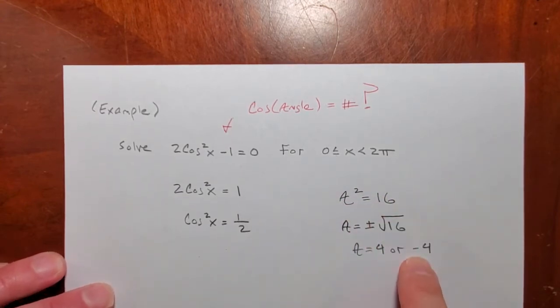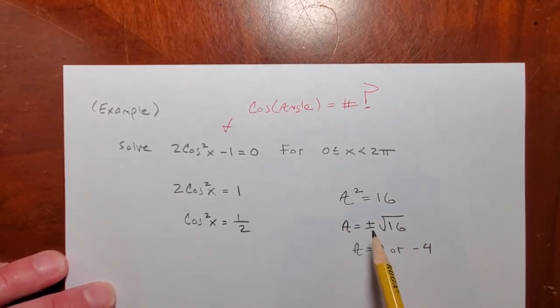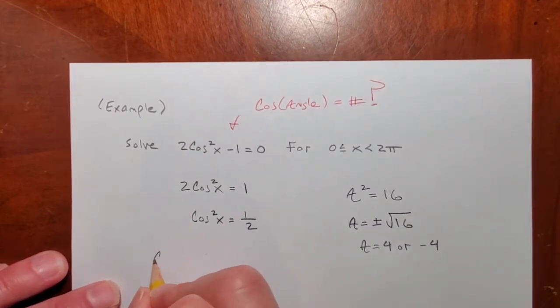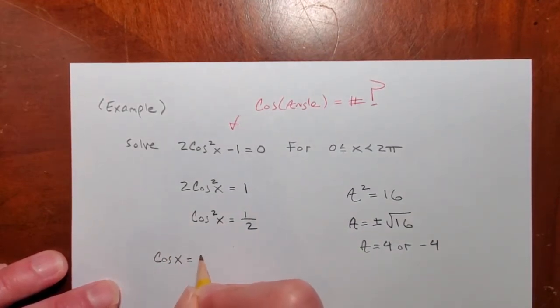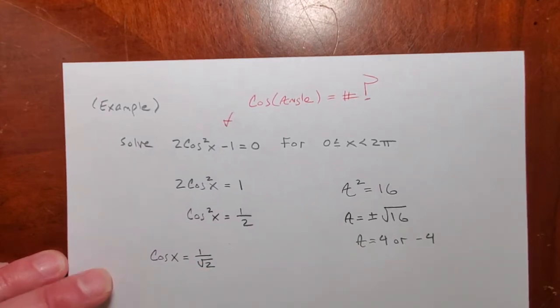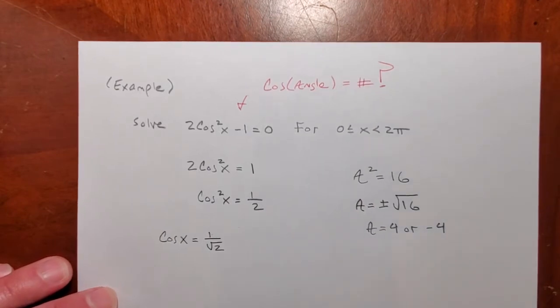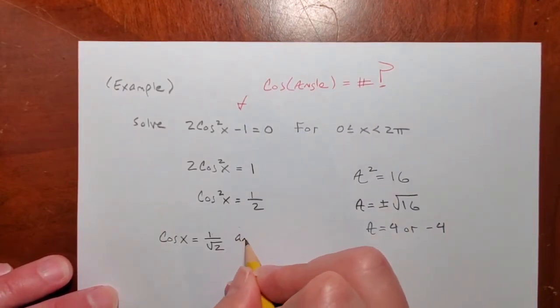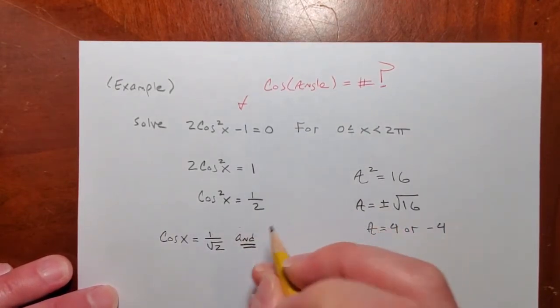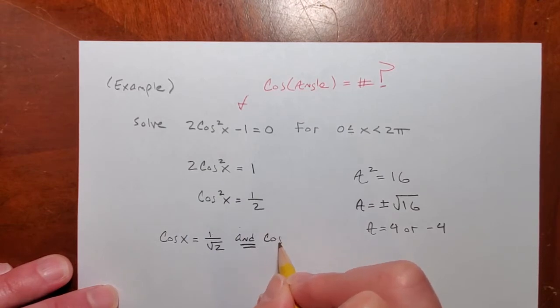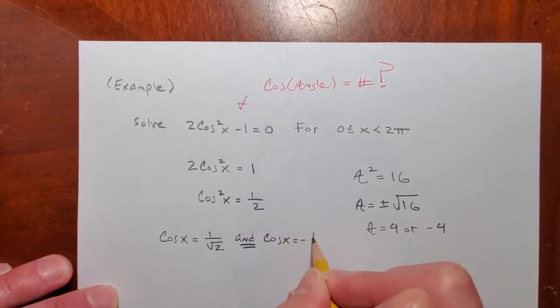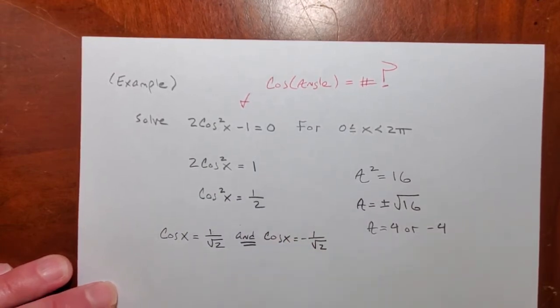What is negative 4 times negative 4? It's also 16. So when we solve for a square, we'll take both plus and minus root of the number on the other side. So I will get cosine of x is equal to 1 over root 2. So that's positive, right? The positive root. And I'll get this other one: negative 1 over root 2. Okay?